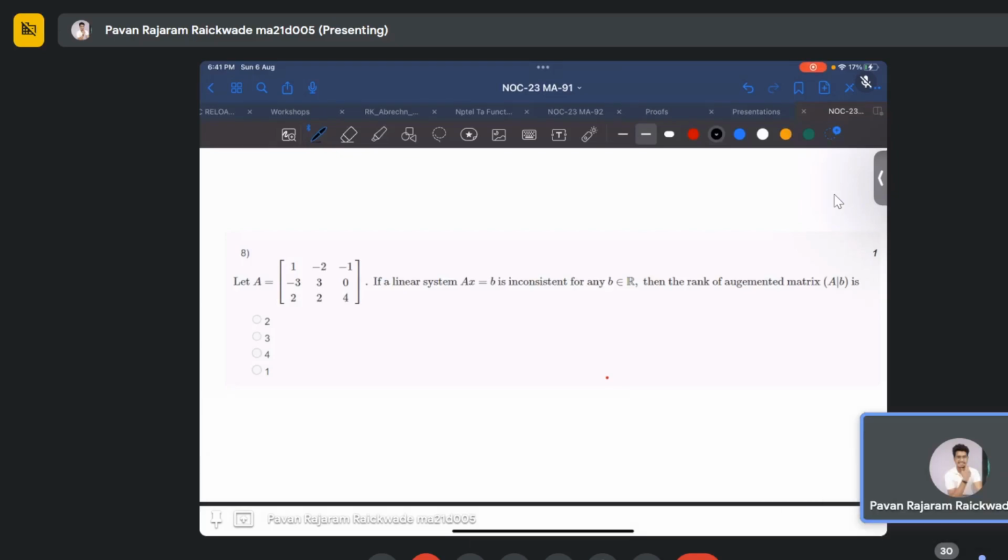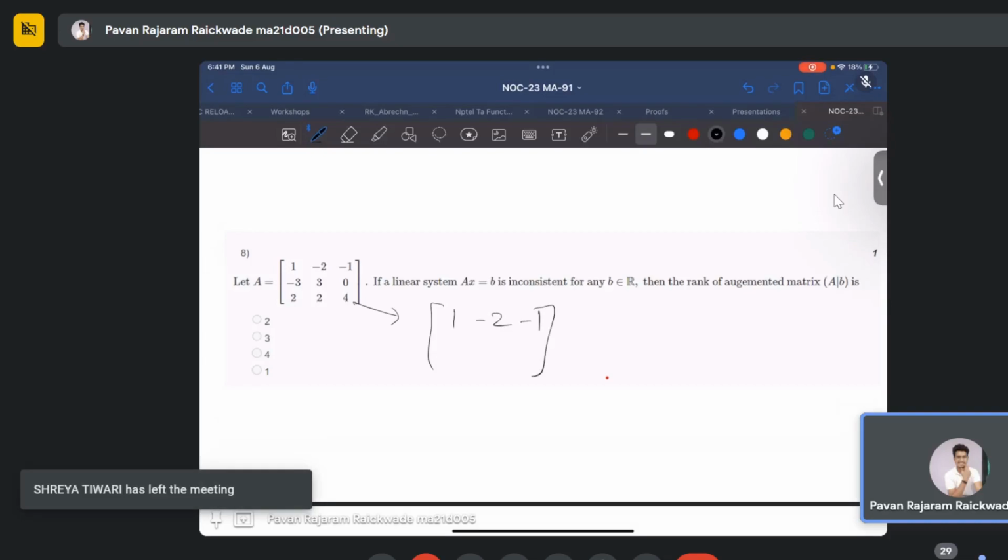So we have seen before that the linear system is consistent if and only if the rank of A is the same as the rank of A augmented B, right? So if the system is inconsistent, that means the rank of A augmented B has to be more than the rank of A. So we can just calculate the rank of A. I'll do some operations here. R2 goes to R2 plus 3 R1, because we already have minus 3 here.